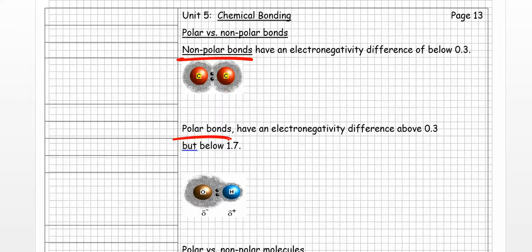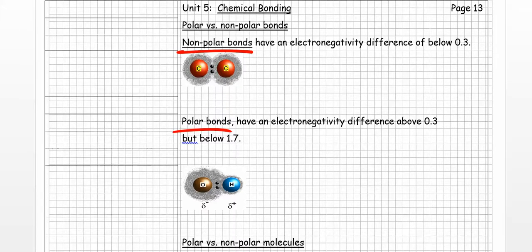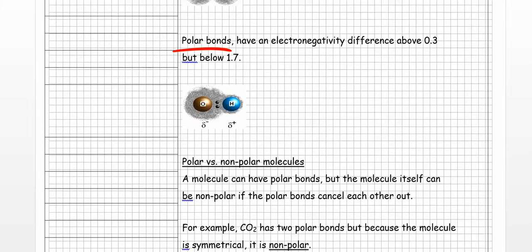Now let's contrast that with polar bonds. Polar bonds have an electronegativity difference above 0.3 but below 1.7. We'll talk about what happens above 1.7 a little bit later. But for right now, anywhere in between there, we're talking about a polar bond. Now one of the atoms is going to be more electronegative than the other.